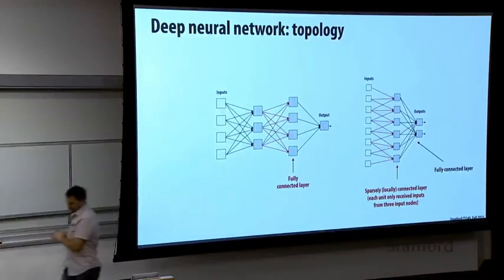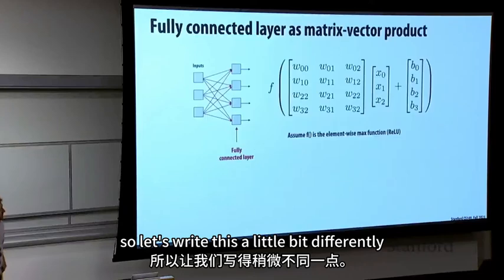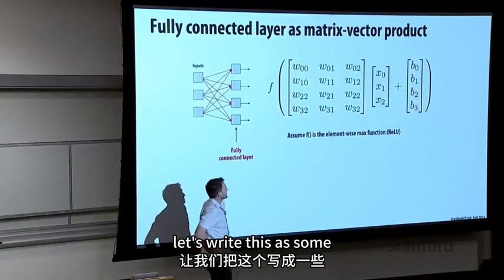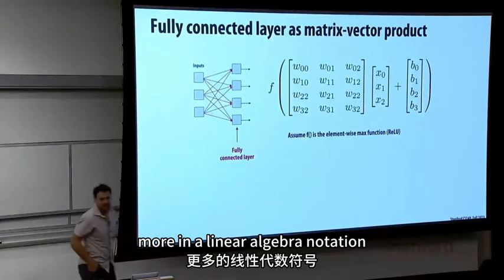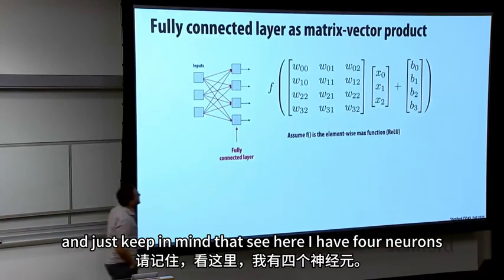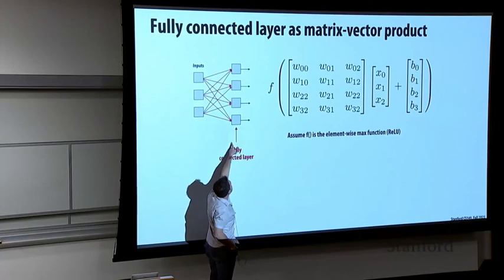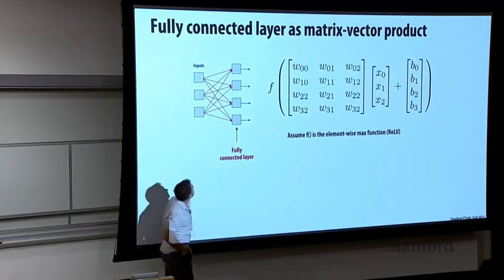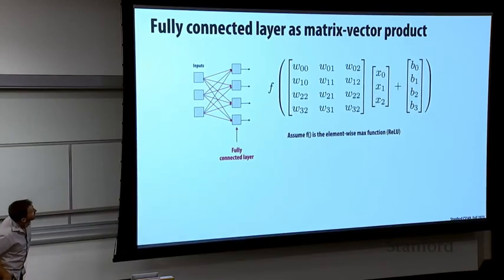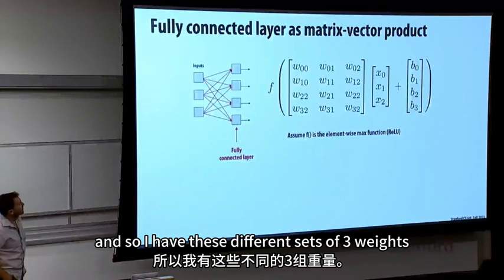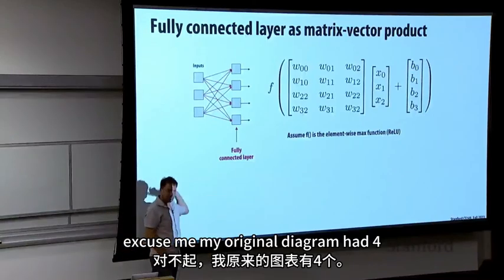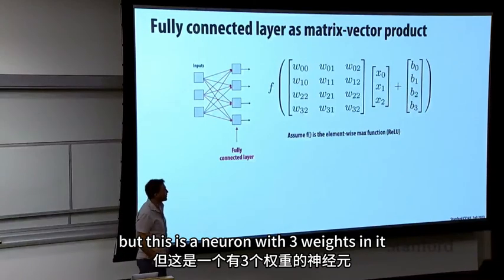Let's write this differently, instead of these visual diagrams, in linear algebra notation. Just keep in mind I have 4 neurons, and each neuron has 3 weights. Excuse me, my original diagram had 4, but this is a neuron with 3 weights in it.